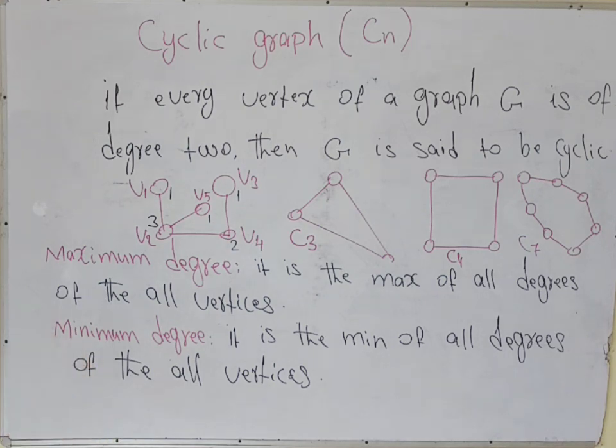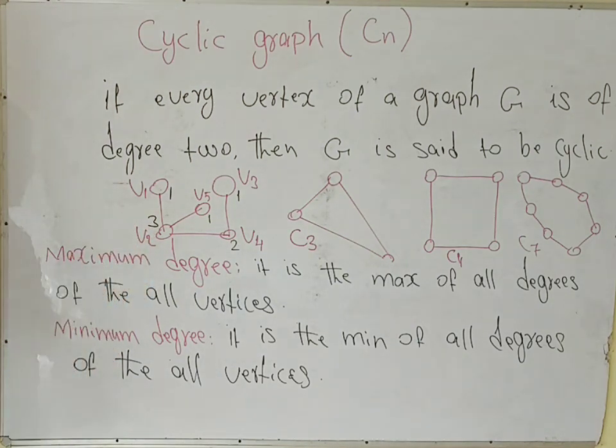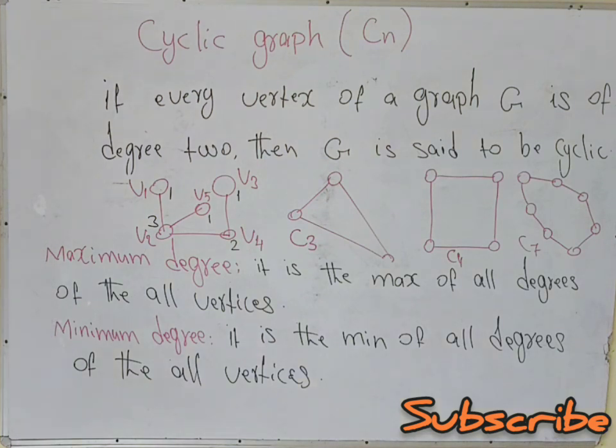Which vertex here has the biggest degree? It is very clear: vertex number 2. Vertex number 2 has the biggest degree among all the vertices in this graph.